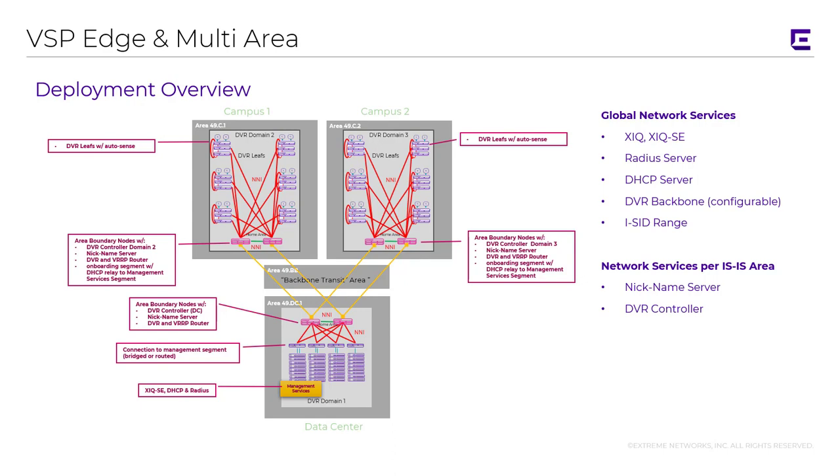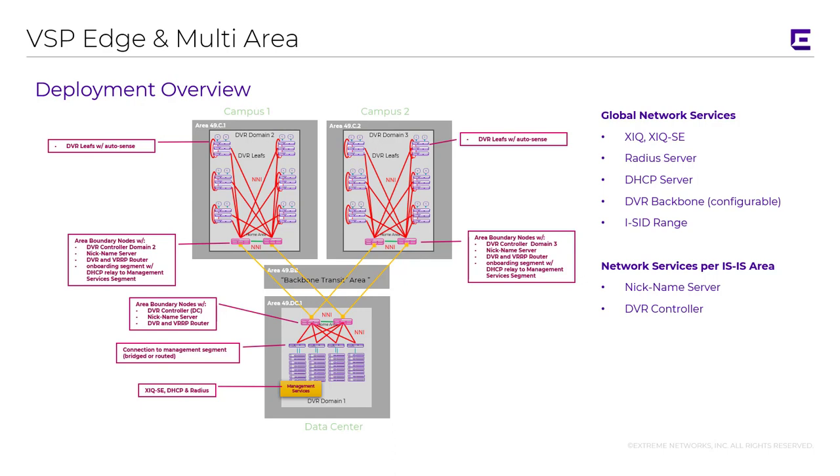So here we have global services for the whole end-to-end fabric. That's XIQ, XIQSE, our RADIUS services, our DHCP services, our DVR backbones, the ISID ranges. Those are all global and restricted by default, but ISID ranges, secure service zoning, could extend ISIDs anywhere within this end-to-end framework.